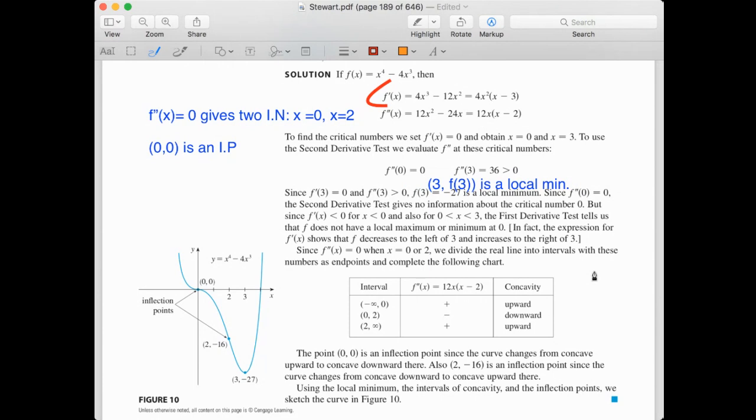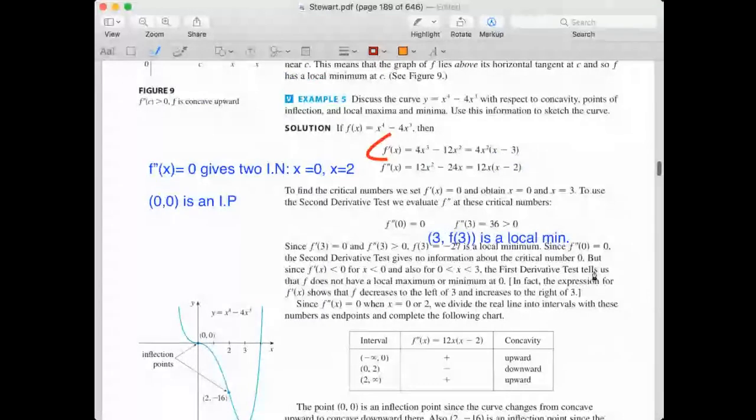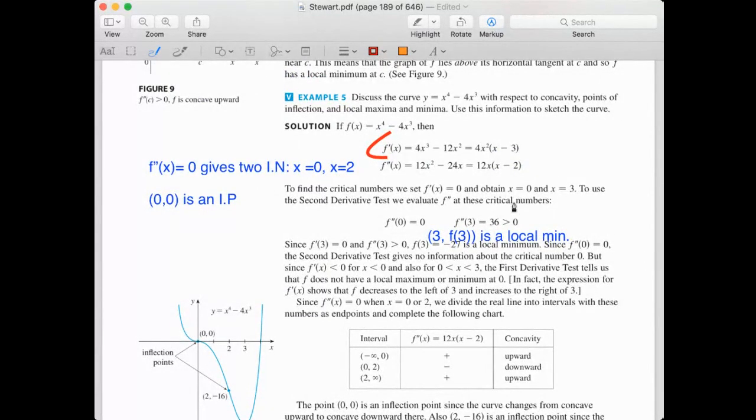All right, what more can we see here? We want to sketch the graph. So far we have critical numbers 0 and 3, so we can find the critical points. And we have two inflection points, 0, f of 0 and 2, f of 2.